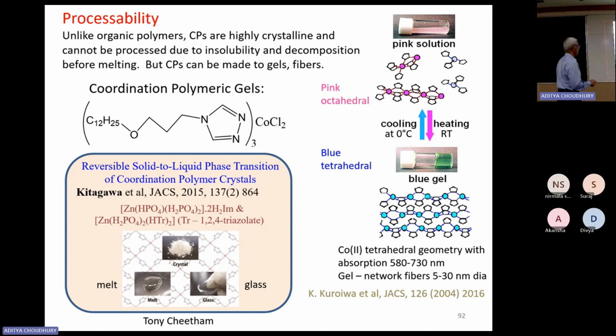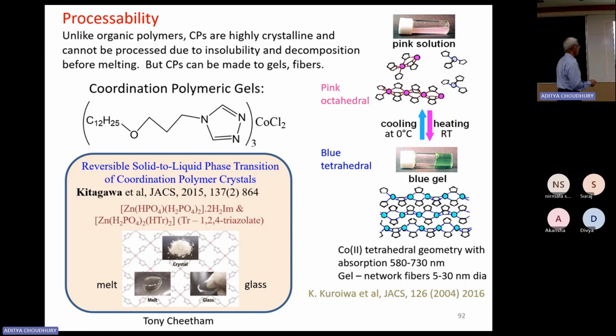If you can make a gel, it's easy to process: gel, fiber, nanofibers, and other types. You can even make an amorphous compound, which can melt. Then even if it is crystalline, you can melt it and use it for various applications.